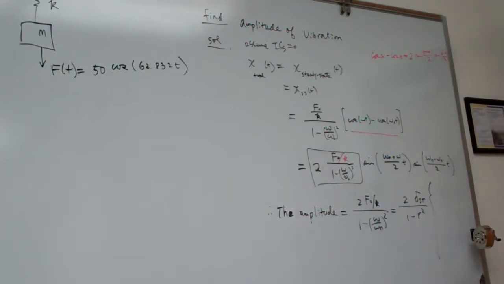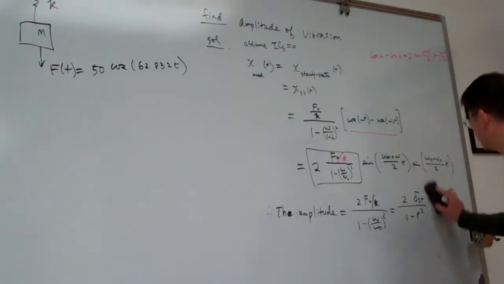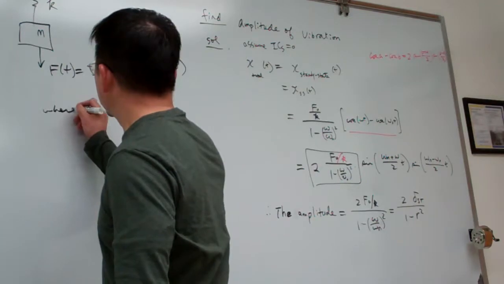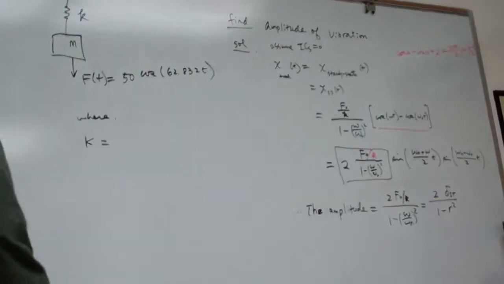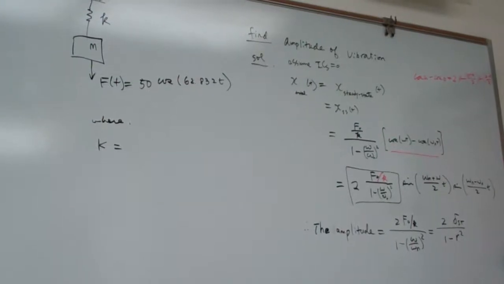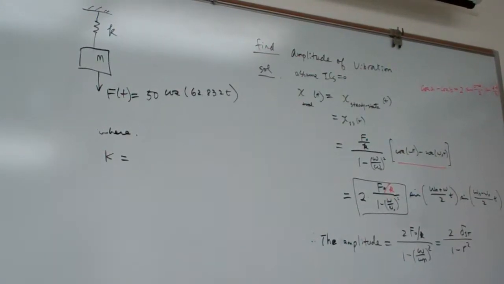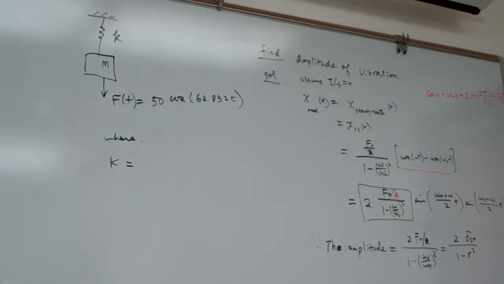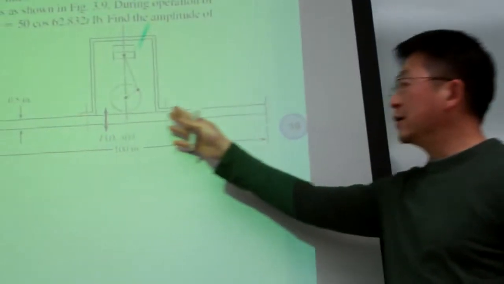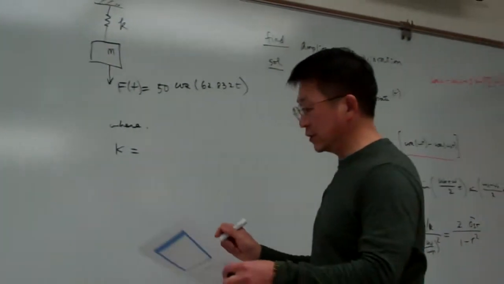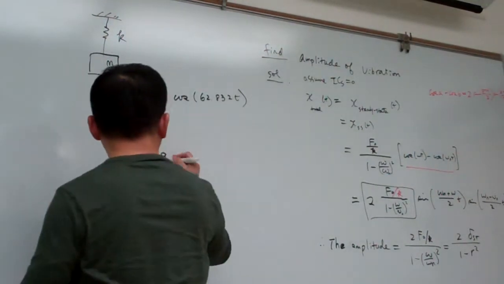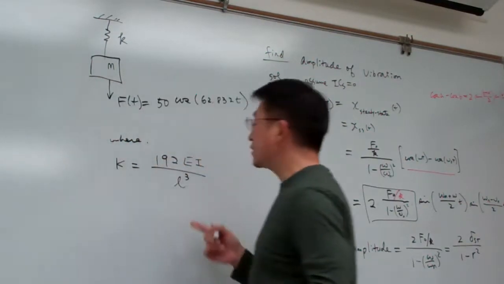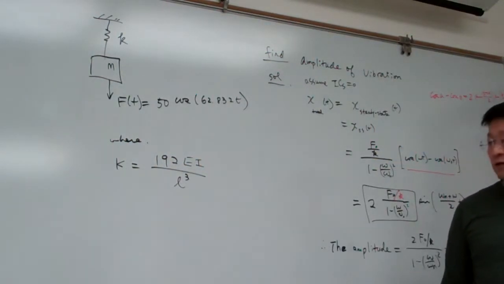So here the k, let me say that here. The k is our equivalent spring constant for this beam, not cantilever, the beam constrained on both sides. K can be calculated by 192 EI over L cubed. That equation I got from mechanics of materials.